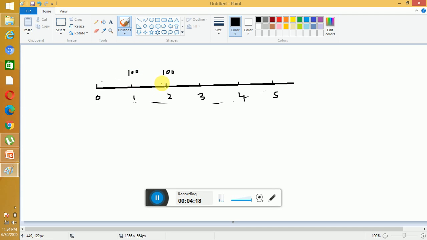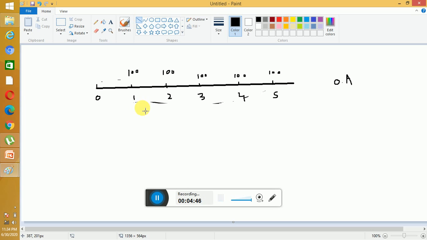The next year ends, we make another $100. Similarly $100 here, $100 here, and $100 here. So this is ordinary annuity.